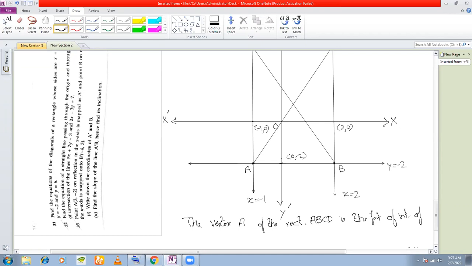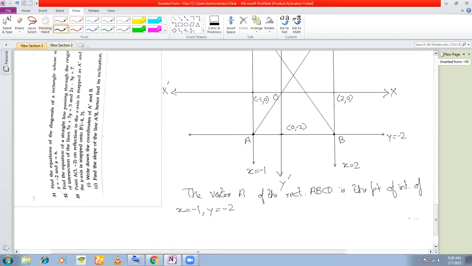If you see in the figure, it is the point of intersection of x is equal to -1 and y is equal to -2. So therefore, what should be the coordinates of A? Coordinates of A should be -1 and -2, right? So you're getting the coordinates of A as -1, -2.